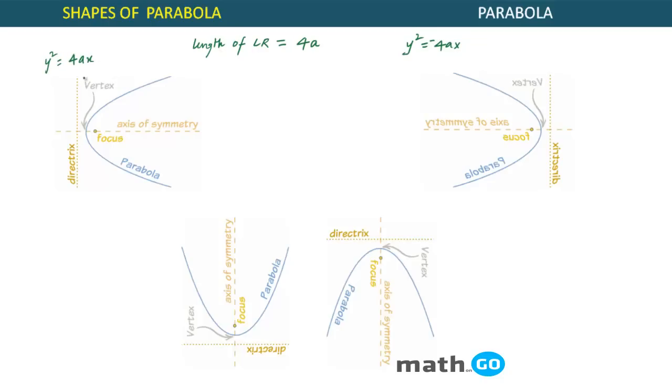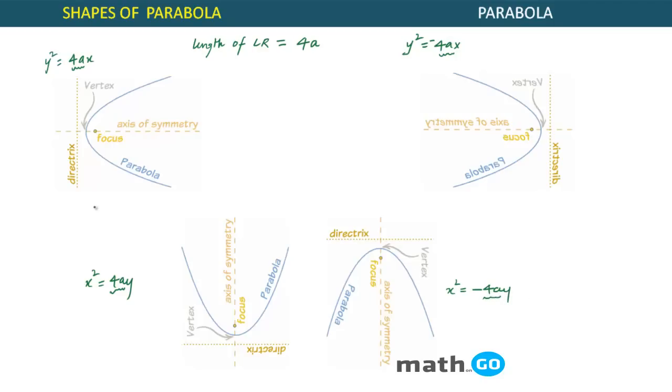So just remember, the coefficient of x is actually the length of latus rectum. Here the coefficient of x is minus 4a, so we'll take the modulus and this will become 4a. Similarly, for x square equal to 4ay, the coefficient of y will give you the length of latus rectum, and similarly here also the modulus of the coefficient of y will give you the length of latus rectum.